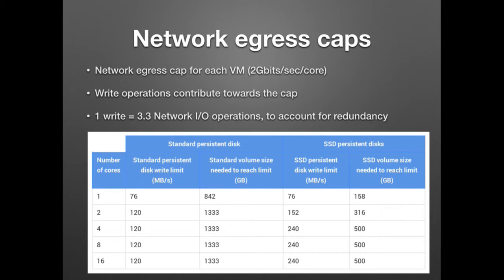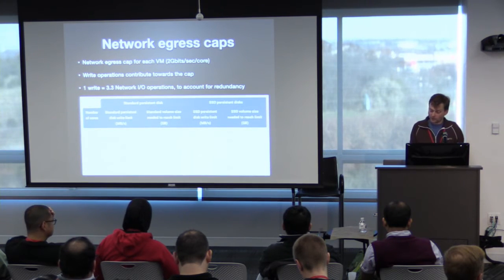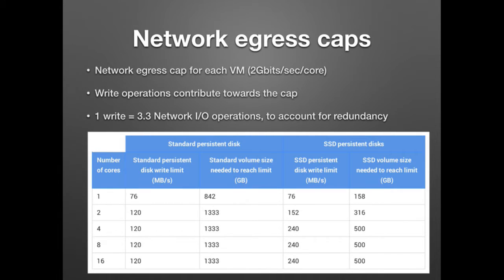So long story short, in order to get to the full capacity, say with SSD, you need at least 4 cores and generally a 500 gigabyte volume in order to get the maximum amount of throughput that device can achieve.